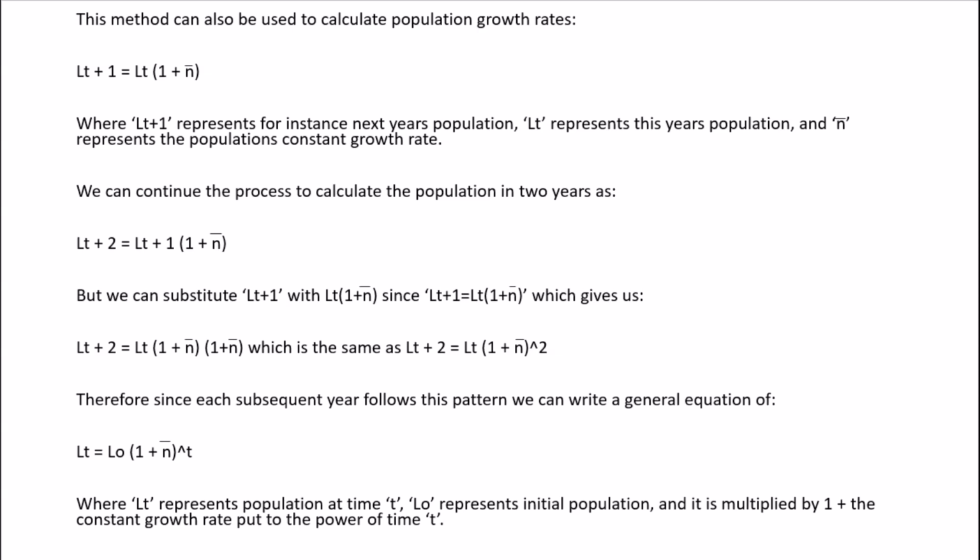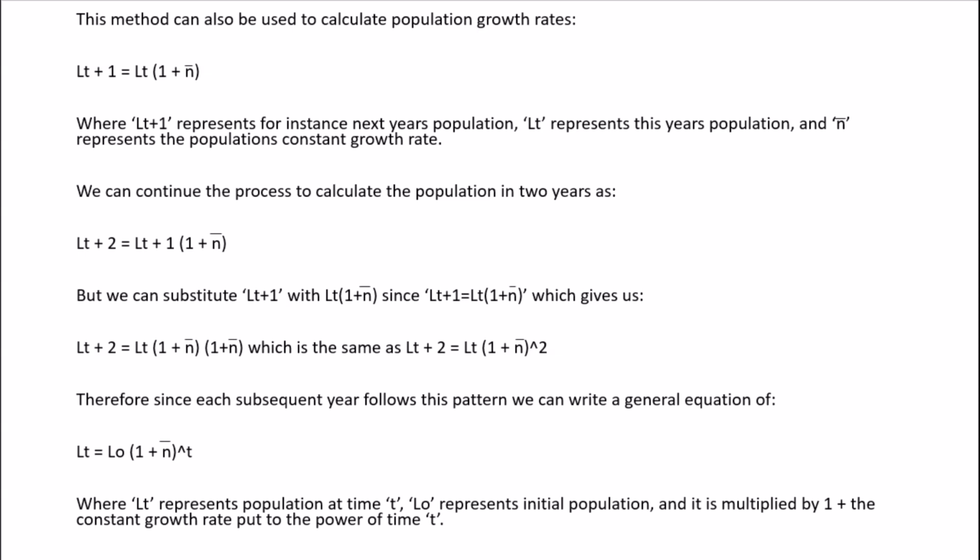So as we had before, population in 2009 is population in 2008 multiplied by 1 plus the constant growth rate. Population in 2010 is going to be the population in 2009 multiplied by 1 plus the constant growth rate. It's fairly simple once you wrap your head around it.